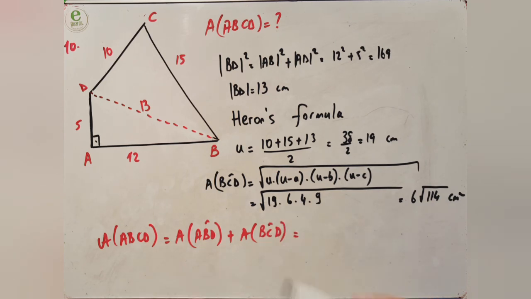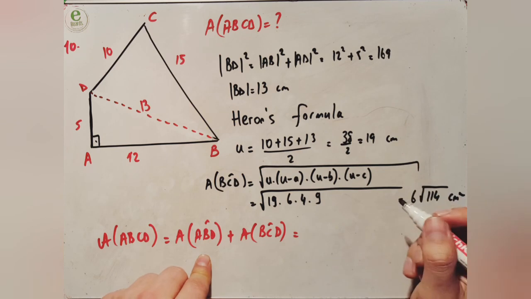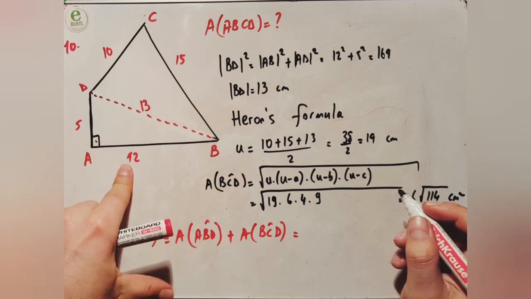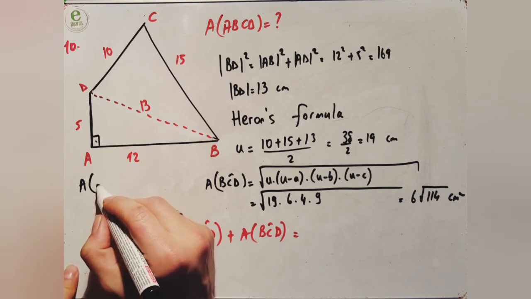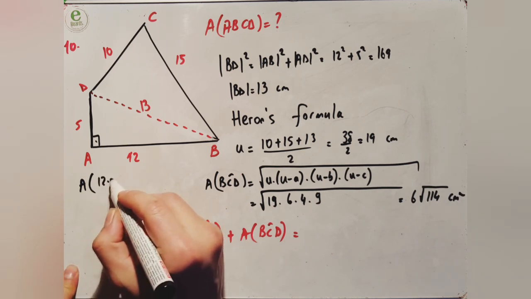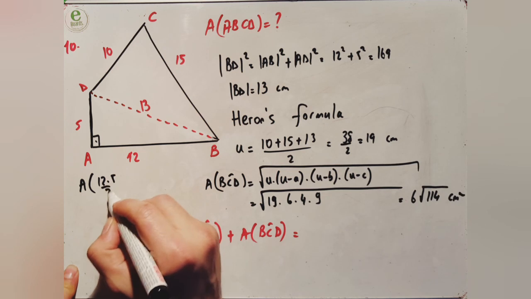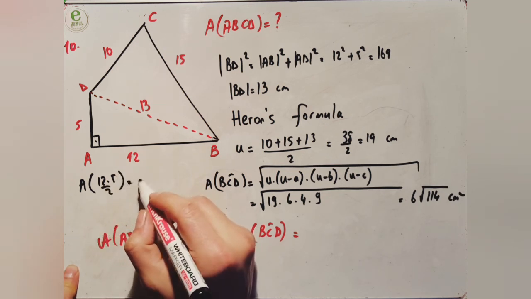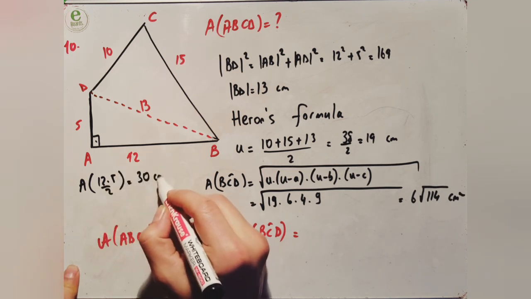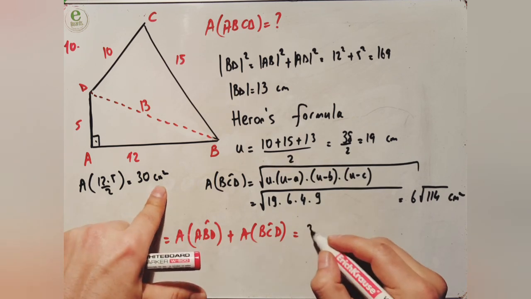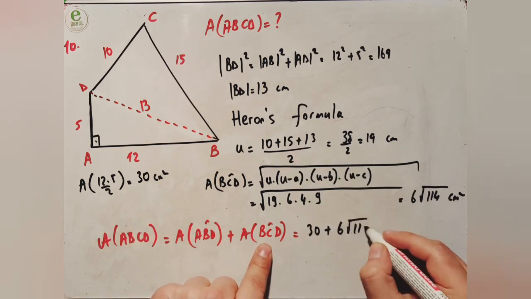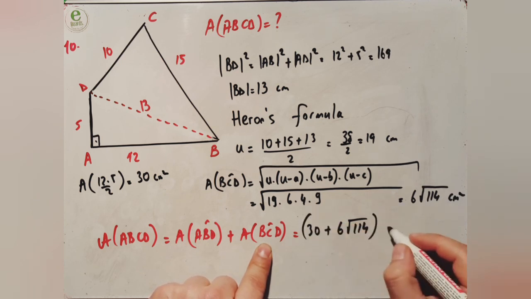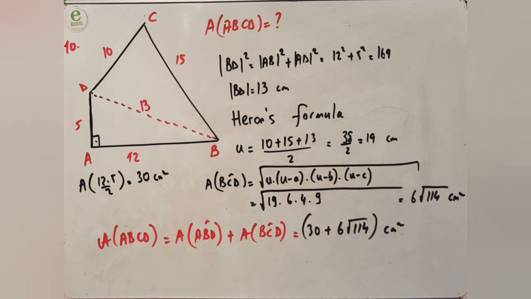The area of ABD is 12 times 5 over 2, which is 30 centimeters square. And 30 plus the area of BCD, 6 square root of 114, centimeters square is the area of ABCD.